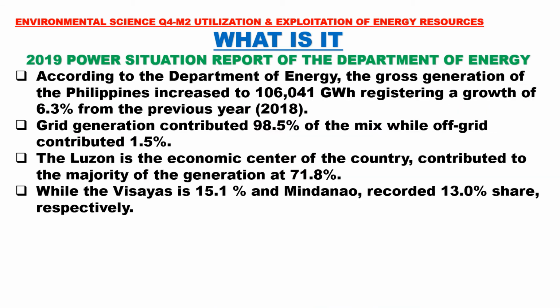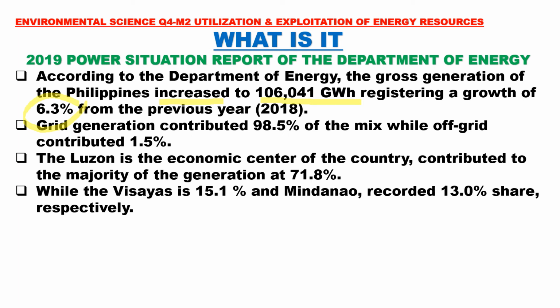2019 Power Situation Report of the Department of Energy. According to the Department of Energy, the gross generation of the Philippines increased to 106,041 gigawatt-hours, registering a growth of 6.3% from the previous year 2018.